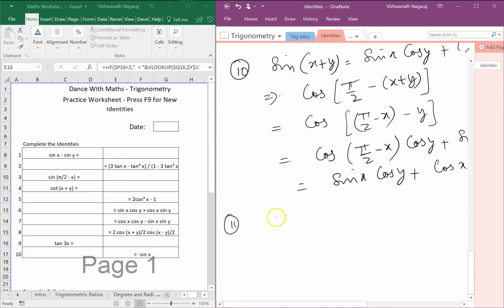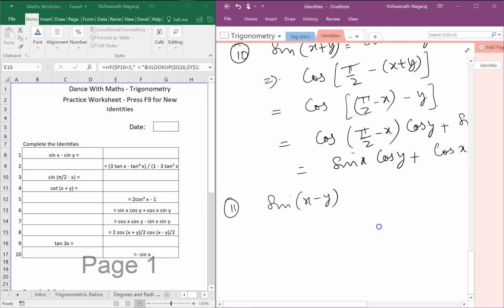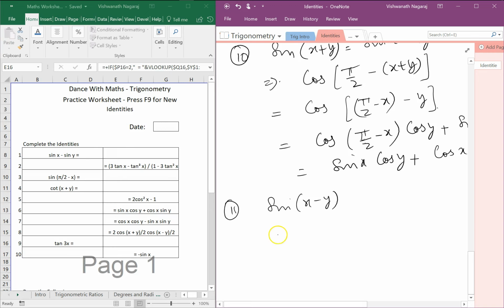Similarly, sin x minus y. We can take the previous identity and start with that. Remember, this can be written as sin x plus minus y. Yes. So as per the previous identity, sin x cos minus y plus cos x sin minus y.